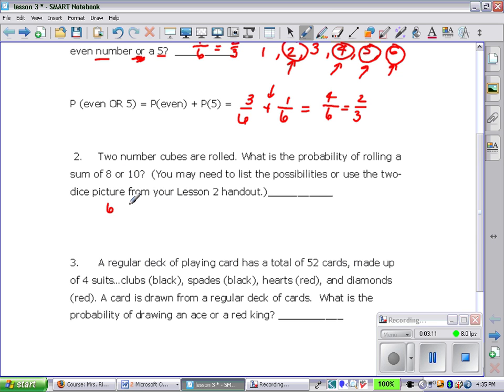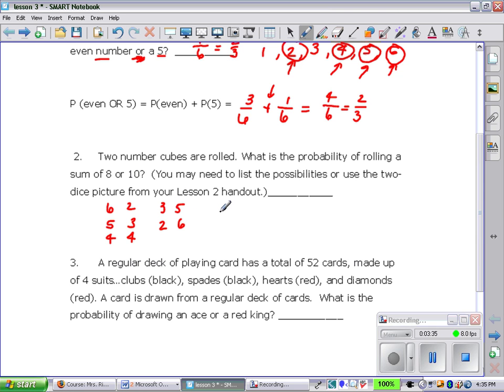We could get a 6 and a 2. We could get a 5 and a 3. You could get double fours. You could get a 3 and a 5, which is different than a 5 and a 3. This would be a 3 on the first die and a 5 on the second. This is 5 on the first, 3 on the second. Those are 2 different scenarios. And then you could get a 2 and a 6.